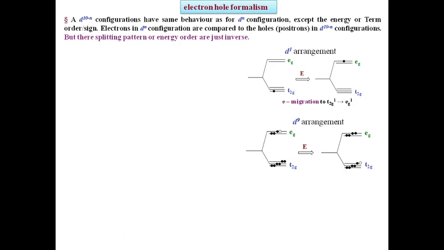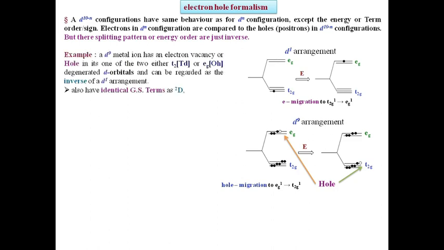Here in ground state t2g6 eg3 configuration, where a vacant space called a hole is present in the eg level. During electronic transition, after absorbing energy from t2g6 eg3, we can say the hole is migrated from eg to t2g level, and hence it can be compared with the situation with d1 arrangement.